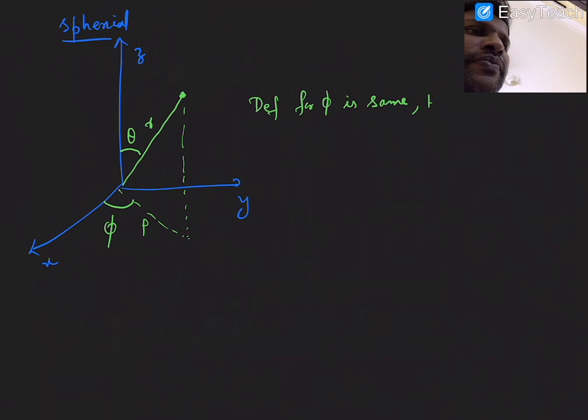But rho is the projection of r on the xy plane. That is the only difference.